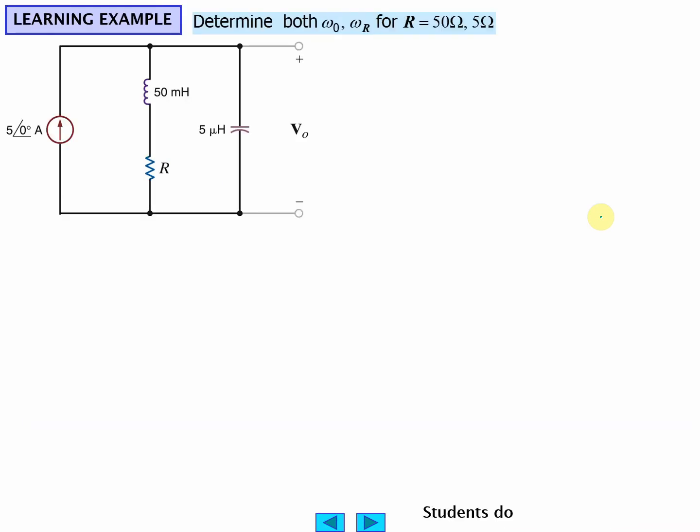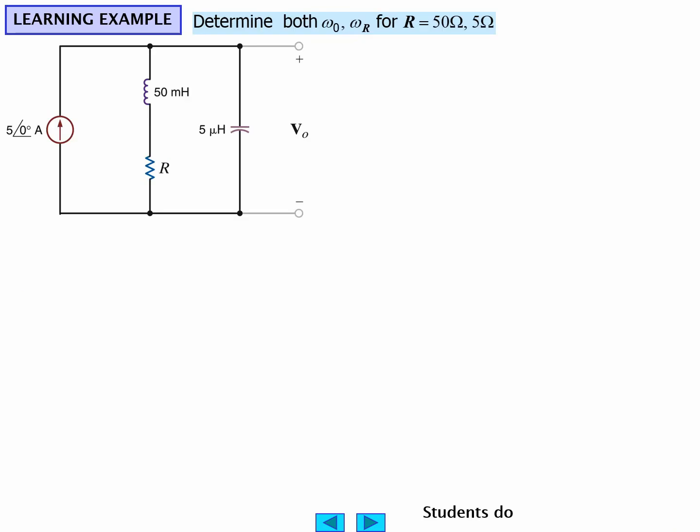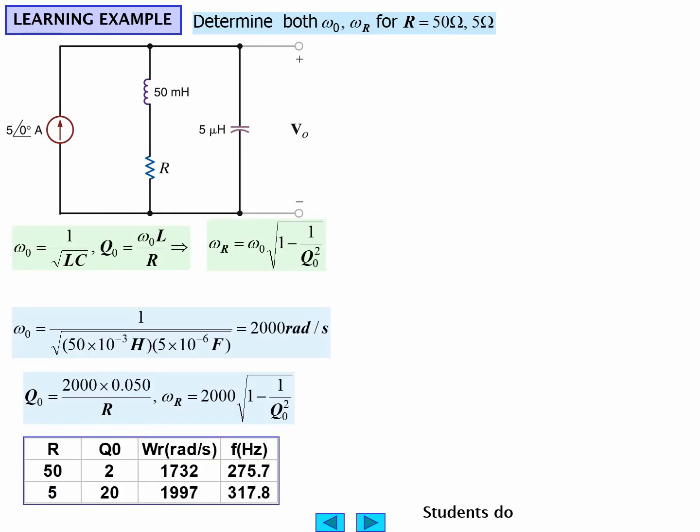Okay, moving on. So we have this circuit, which we just developed the formulas for in this slide. You guys go ahead and do this one. I'm going to leave that as an assignment for you. I'll just finish this up. It asks you for the values of two different resistors.